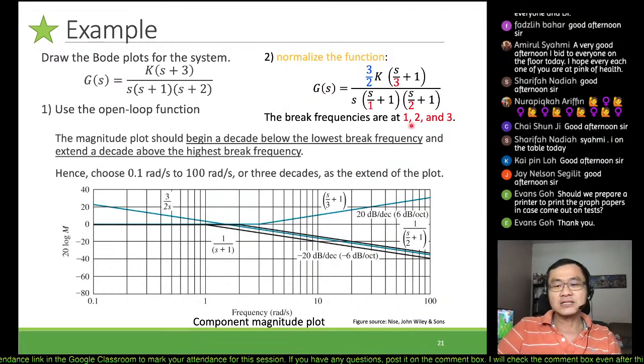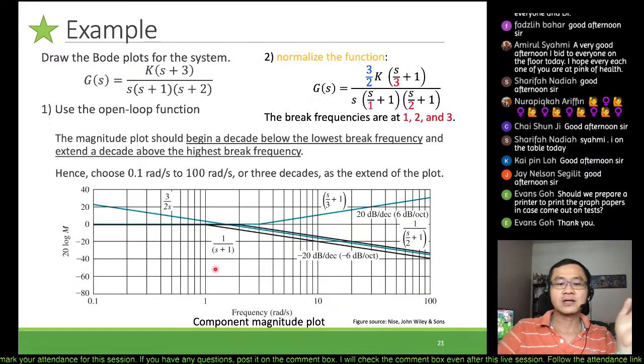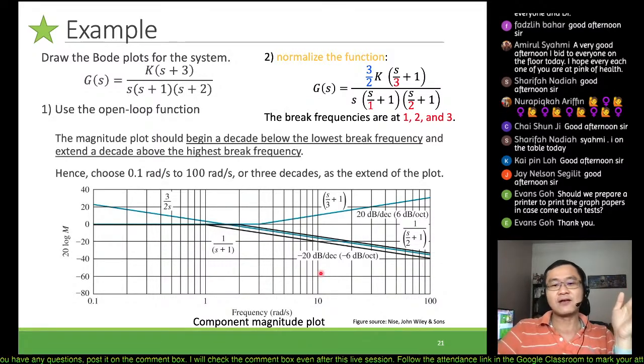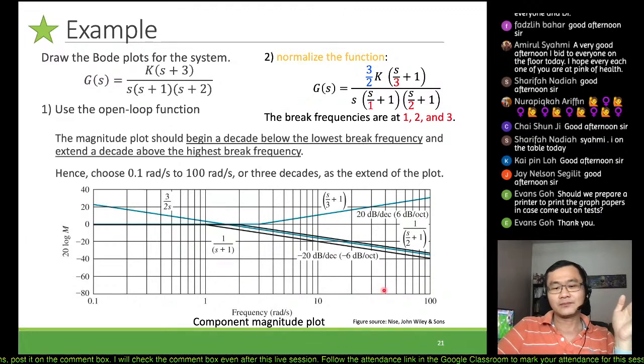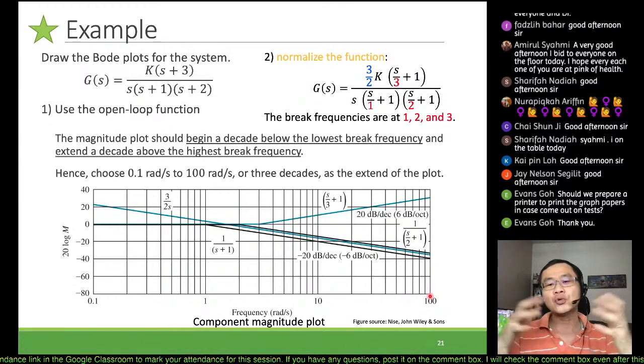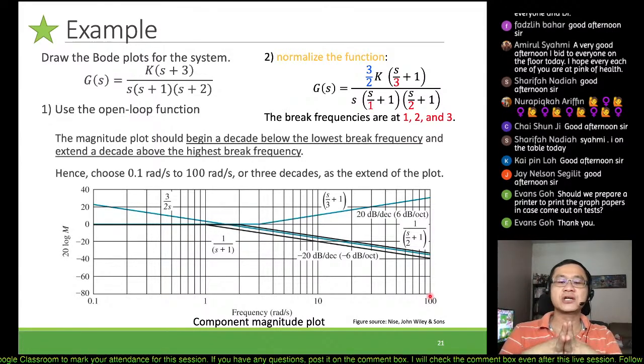The easiest way is to just take the lowest one, 0.1, a decade before, and then extend it to maybe 2 decades after. So we come to 100, and then we have a range of 3 decades, which would be sufficient to show how it changes throughout a range of frequency.